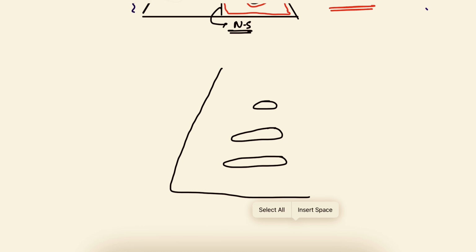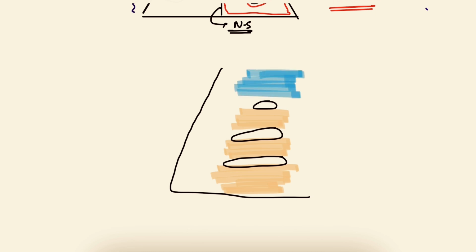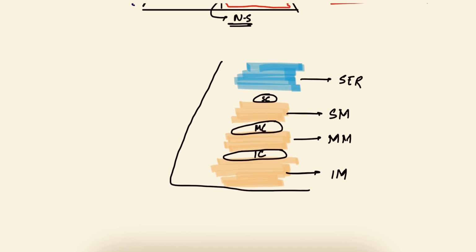This portion here will be the meatus, and this above will be the superior ethmoidal recess. So this is the inferior meatus, this is the middle meatus, and this is the superior meatus, and this is the superior ethmoidal recess. These are the conchae: superior concha, middle concha, inferior concha, and we are seeing the lateral wall.